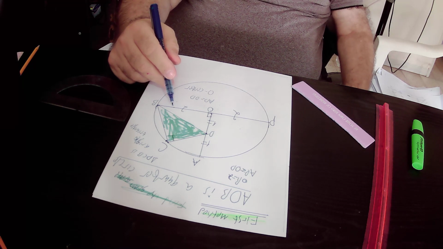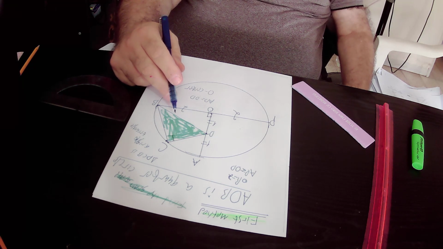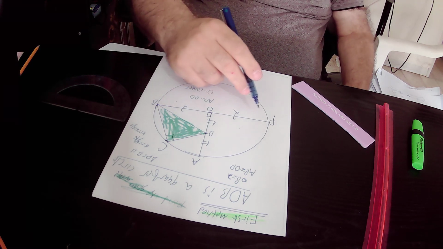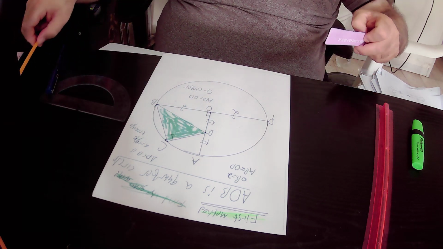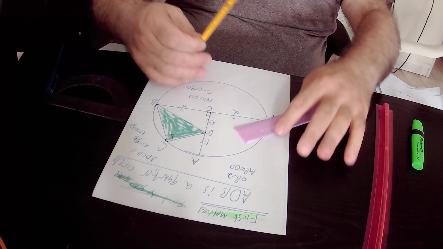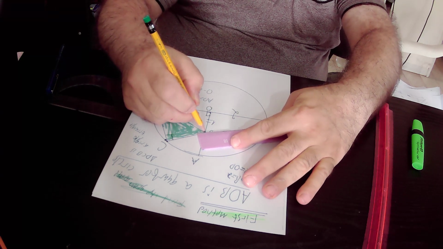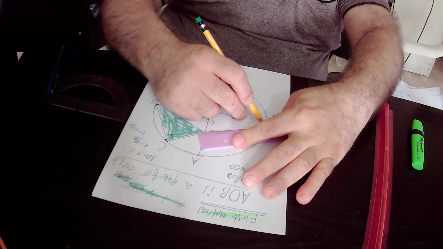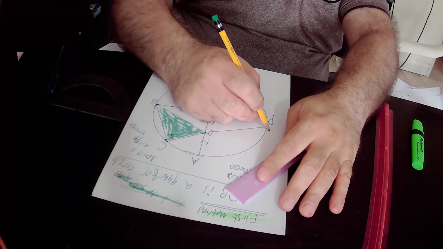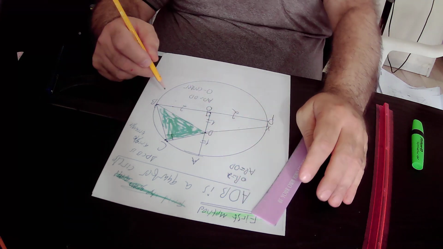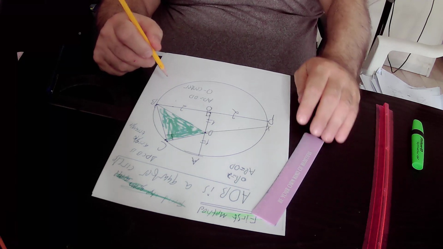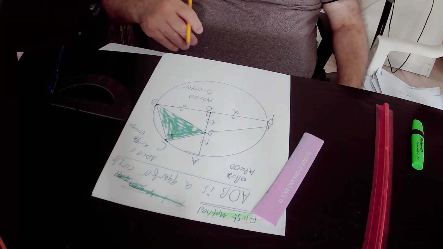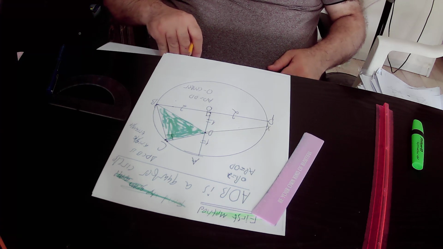Suppose that when we extend the straight line CD, it will touch the circle at this point, point X. Point X is the touching point of the extended CD with this circle. So we actually created here angle BCX, that is a peripheral angle.